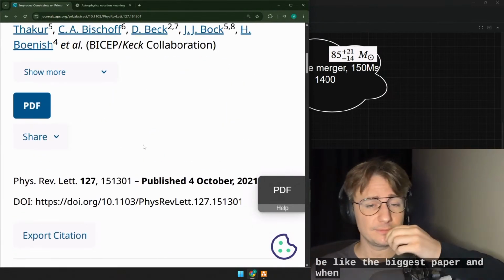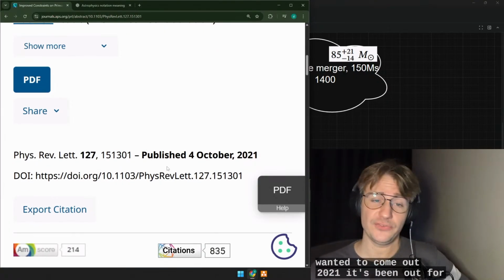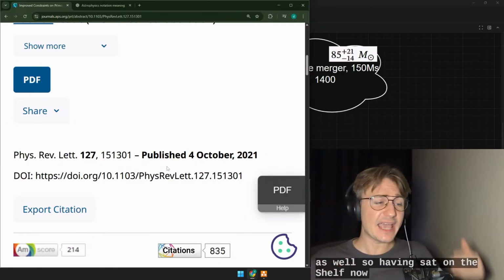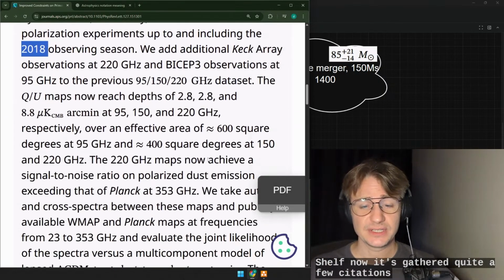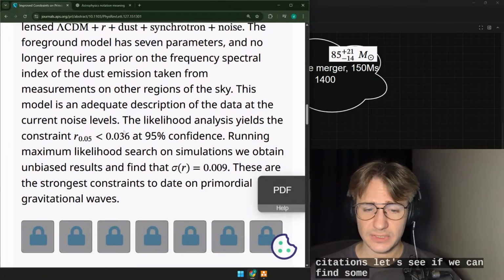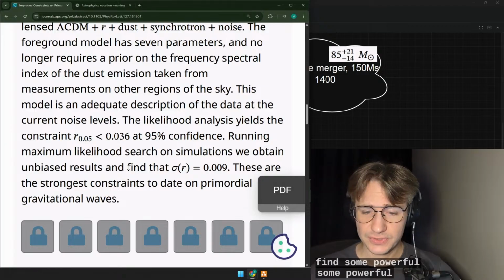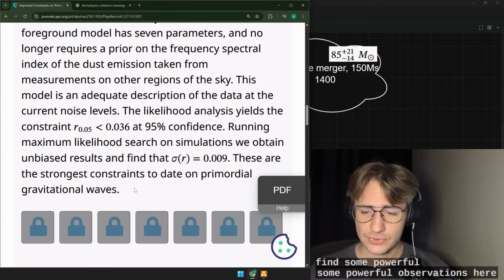When did it come out? 2021. It's been out for a while as well. So having sat on the shelf now, it's gathered quite a few citations. Let's see if we can find some powerful observations here. Unbiased search results.